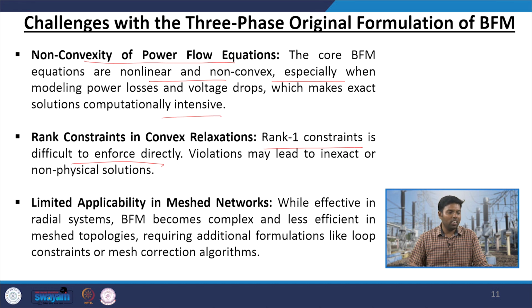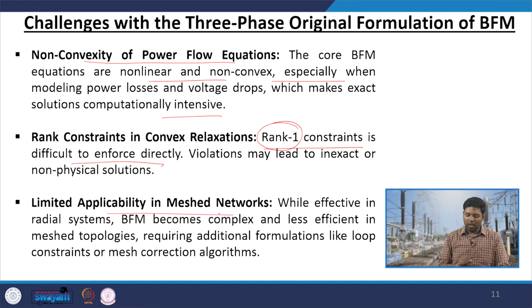You cannot add it in the analysis part. So, how to deal with this rank 1 constraint? But you have to obey it. If you do not obey it, then you are not obeying the power flow relation between the voltage, current and the power. You have to obey that, because that is the physics of the network. But imposing this rank 1 in a mathematical way for solving, let us say, an optimization problem is very difficult. So, how to deal with this rank 1?